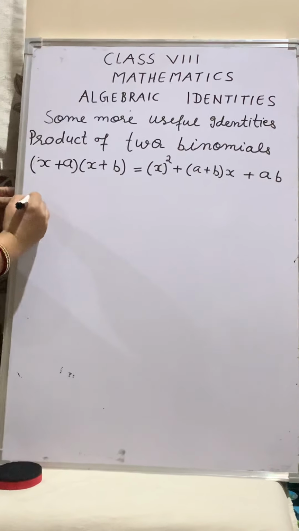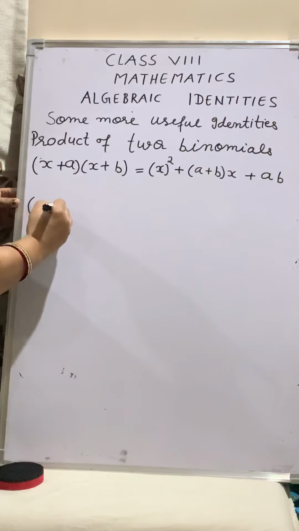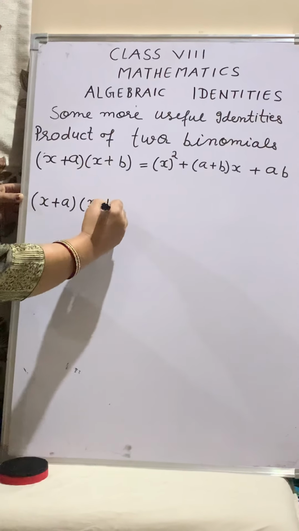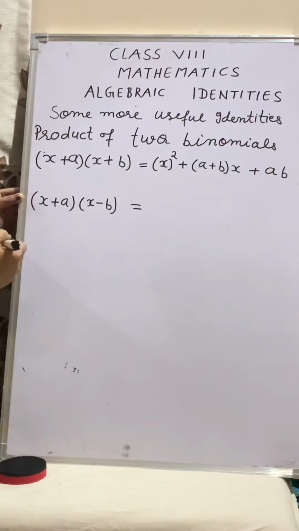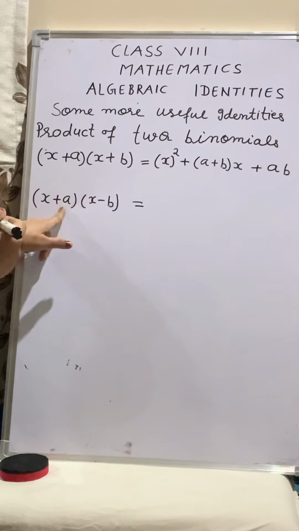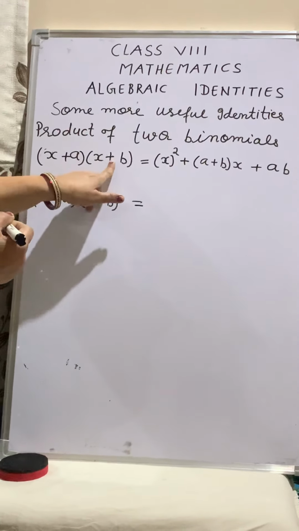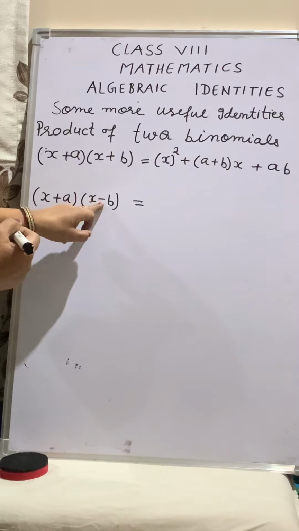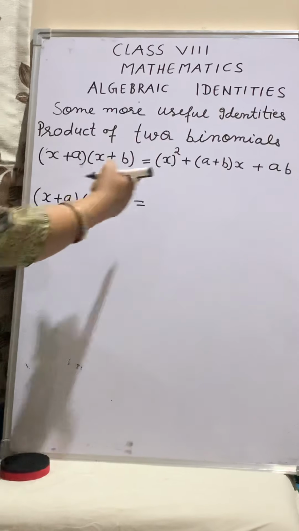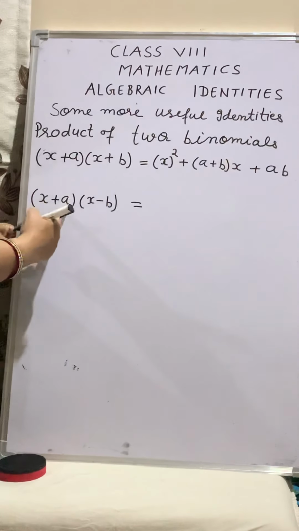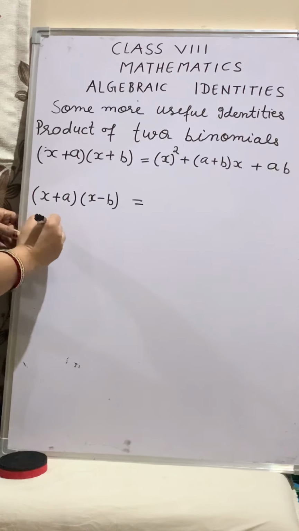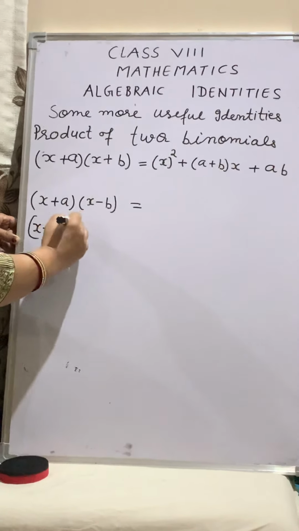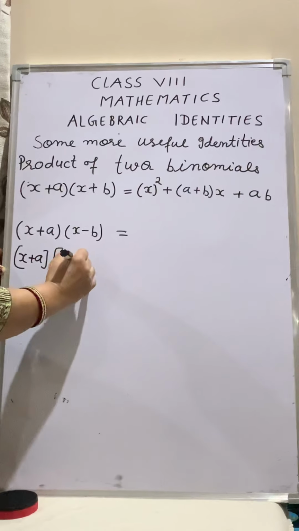If x plus a, x minus b, here it is plus sign, now here it is plus sign but here it is minus sign, so we can use this identity. We can write this x plus a, x plus minus b.